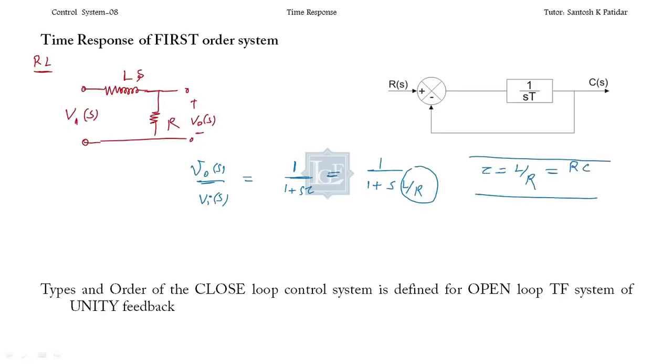So this is the time constant, one for the RL circuit and one for the RC circuit. Very important. I hope this is clear to you.